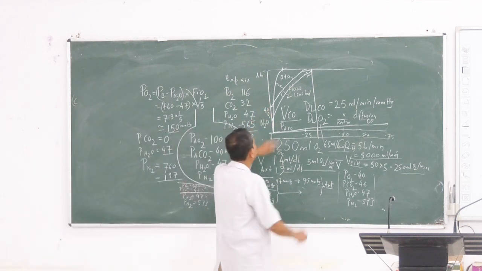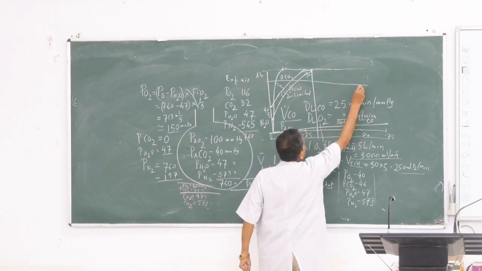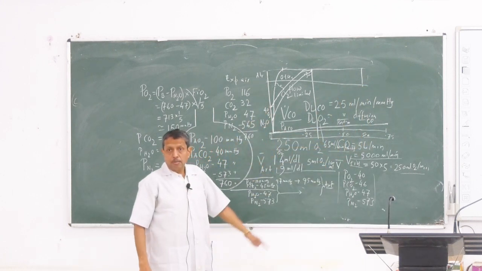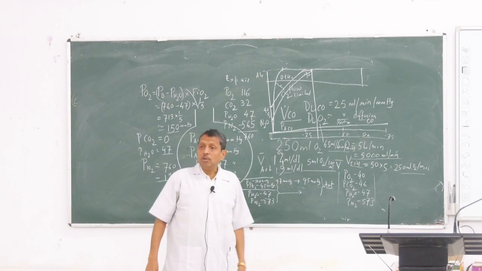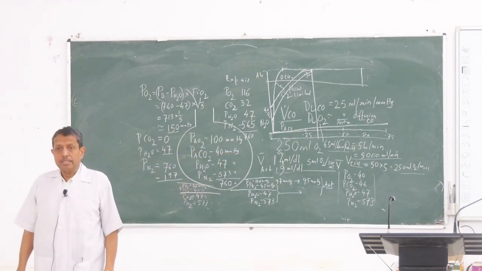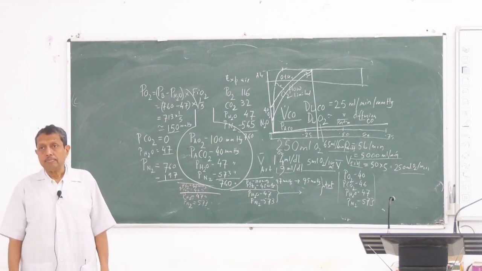Suppose the average value in resting condition is 10, multiplied with this 25, you can get 250 ml per minute that is entering.